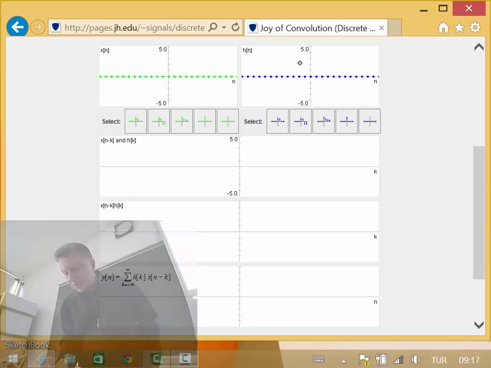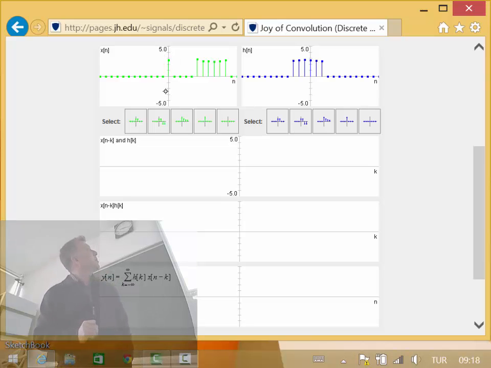Another thing you could think about is, let's consider this rectangular shape again, and let's have a rectangle here at the same size and an impulse here.